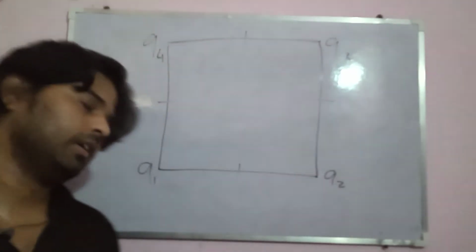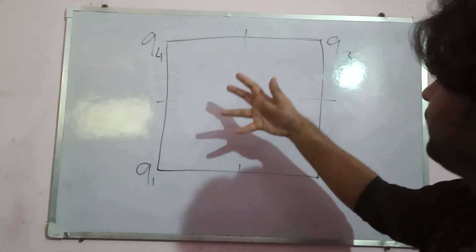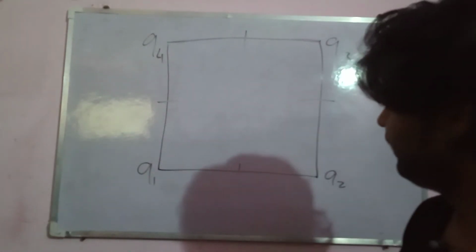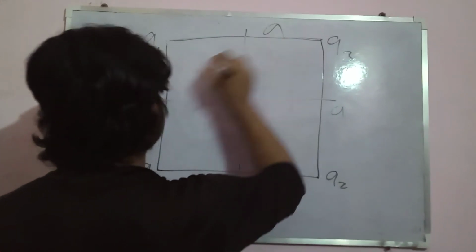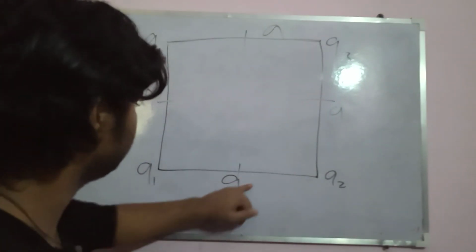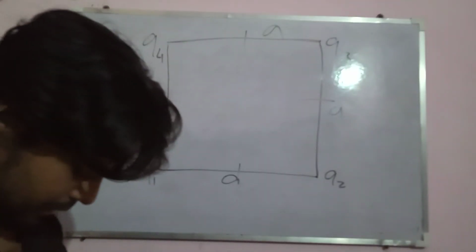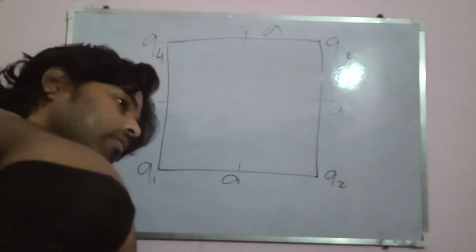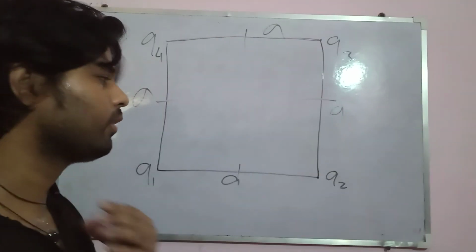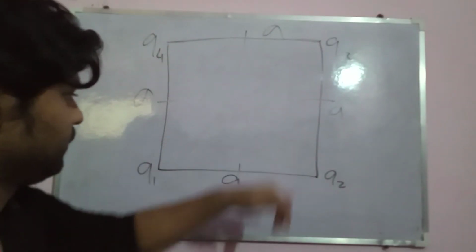This time I have placed 4 charges Q1, Q2, Q3, Q4 on the corners of a square which has side A. Actually these are not Q, these are A. Now again my question is to find the force on Q2 by all the 3 charges.